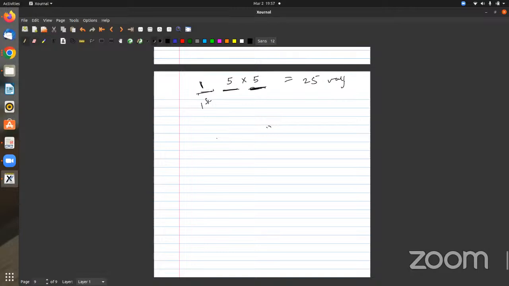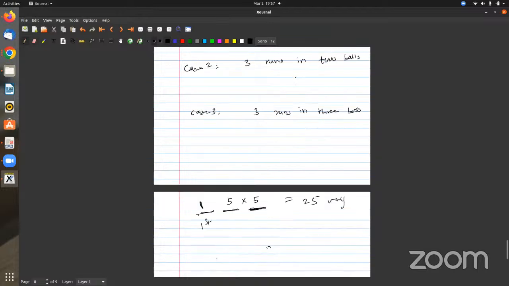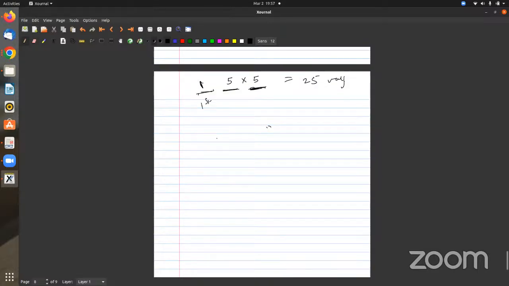We are considering only the first case, which means 3 runs in one of the balls. So I have considered that he has scored 3 runs in the first ball itself. So total number of ways is 25, right?